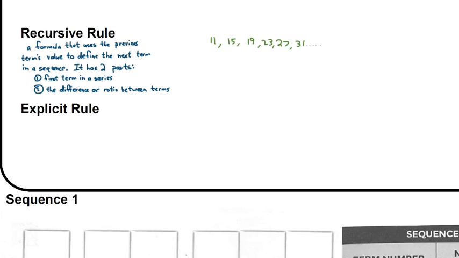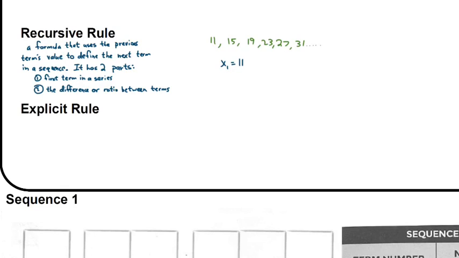We have to have something that says, let's say, x of 1 equals 11. Now, if you see a subscript in math, that little 1 down there, that's telling you which x we're talking about. That means this x is a specific one of those. In this case, because it has a 1, that means it is the first one. It's the 11. So we have to have two parts. One, what is the first term? So we define it as 11.